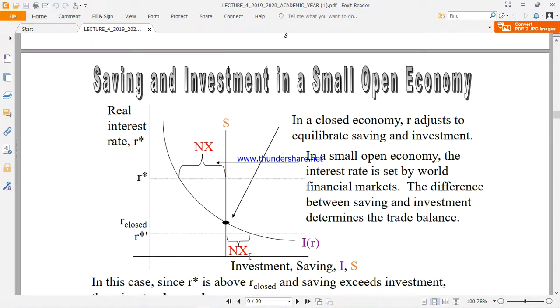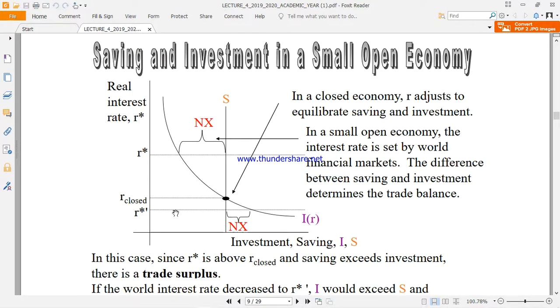Okay, so now let's understand this. We have the interest rate, which for a closed economy we can call the domestic rate of interest, and then we also have the world rate of interest. And then we also have net exports. So those are the variables that we have. If we are in a closed economy, it is the domestic rate of interest that adjusts to equilibrate savings and investment.